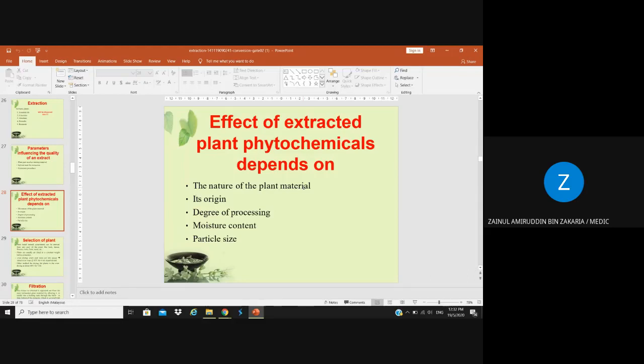You have to remember one thing: when you make a proposal, the extraction has to be water or ethanol. Okay, you cannot say your extraction will be carried out using methanol, using chloroform, using petroleum ether. Definitely, your proposal will be rejected, because you are using toxic compounds.